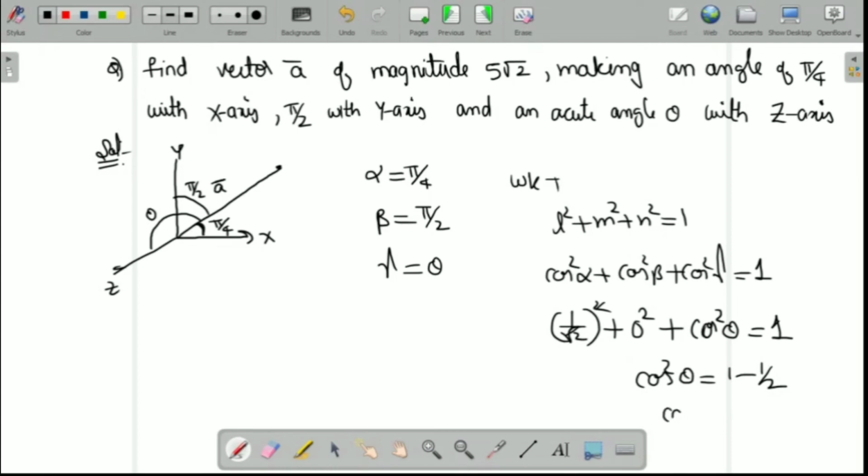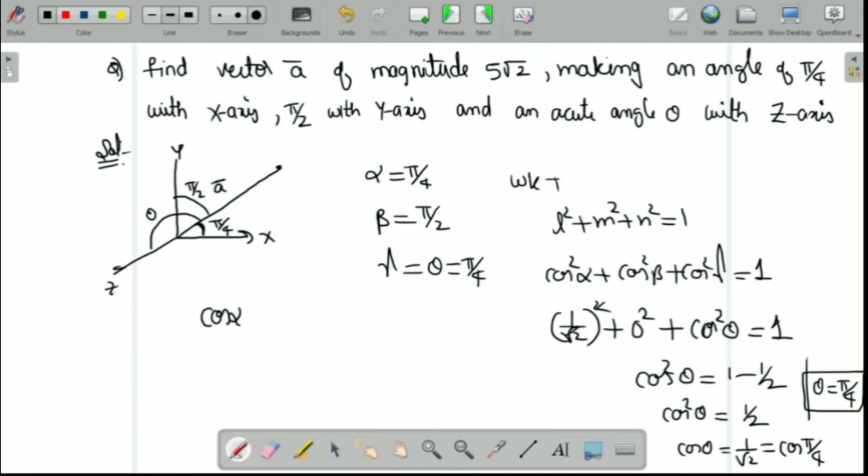From here cos square theta is equal to 1 minus 1 by 2, which is 1 by 2. So cos theta is equal to 1 by root 2. From here 1 by root 2 can be written as cos pi by 4. Hence theta is equal to pi by 4. Hence we got it, theta is equal to pi by 4.